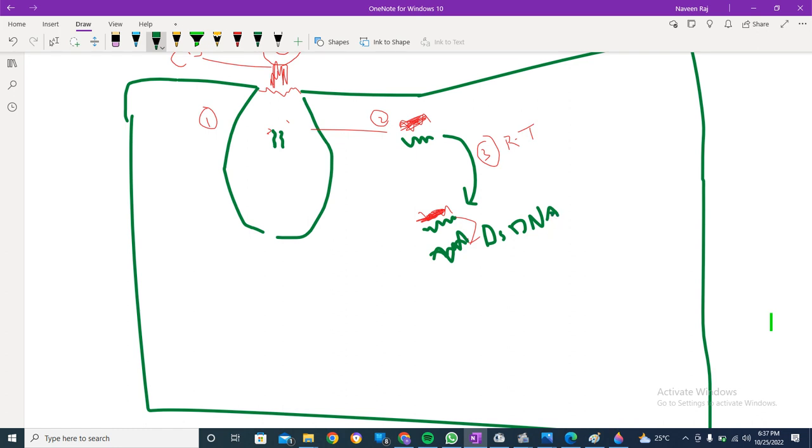After converting into this, it will get into the host cell nucleus. This is the nucleus.